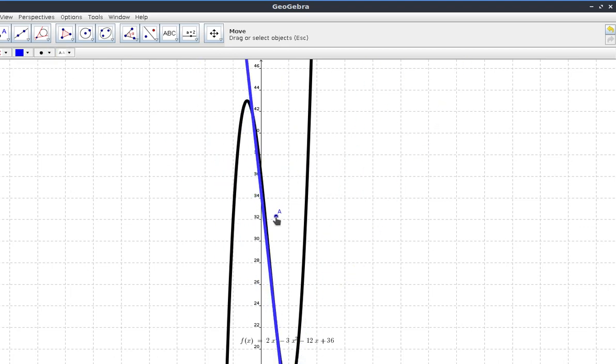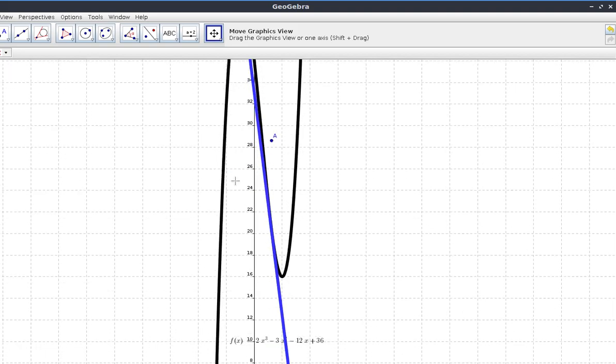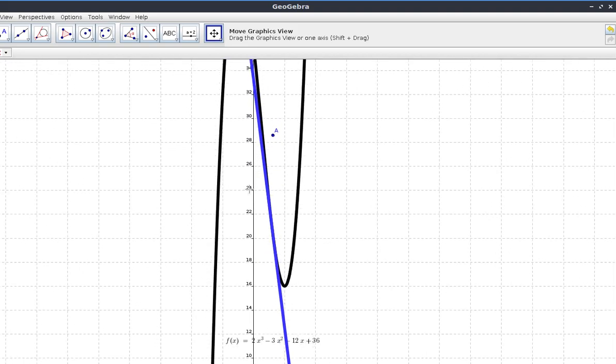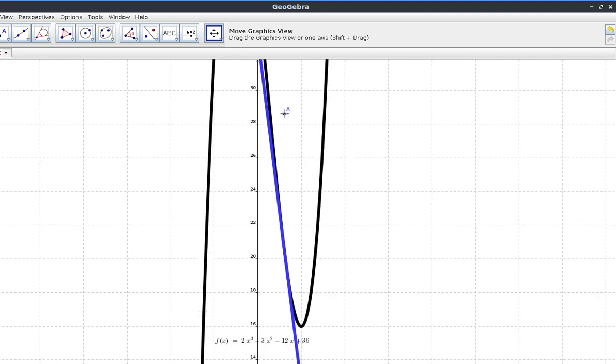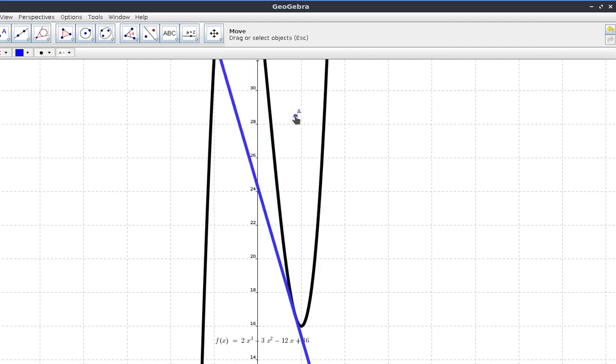Let's zoom in at the minimum point to see what happens there. At the minimum point now, it becomes positive.